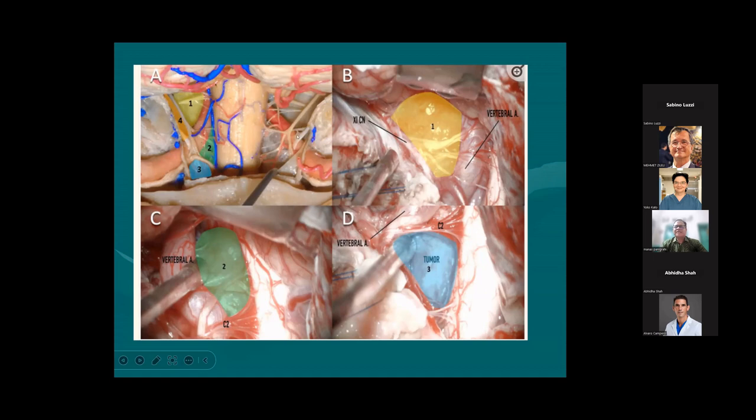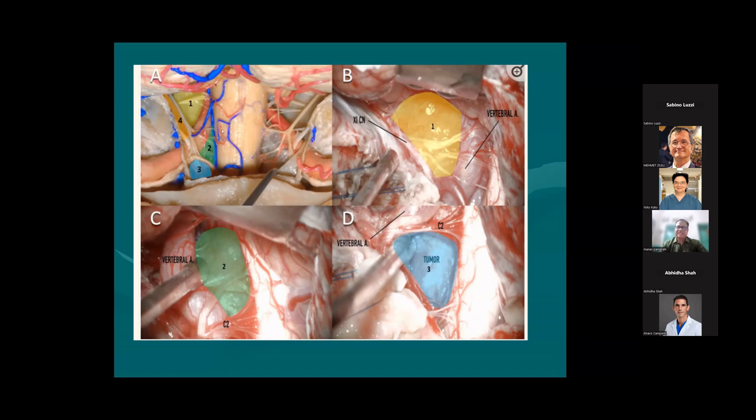The tumor is seen either lateral to the vertebral artery, or between the vertebral artery and the medulla, or above the C2 nerve roots and below the C1 nerve root, or lateral to the spinal accessory. These are the four corridors. If the tumor is seen in these, all these tumors can be done through a midline posterior fossa. One need not do an extreme lateral or far lateral approach.